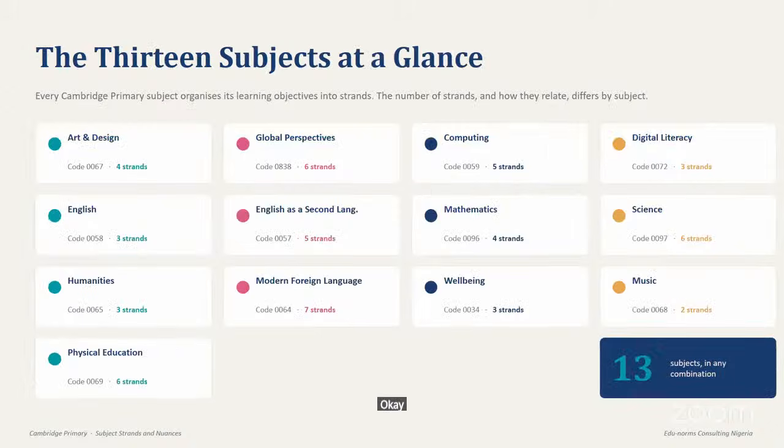Now, let's start with the subjects we have from primary to upper secondary, using Cambridge Assessment International Education as a case study for the British curriculum. I forgot to finish what I was saying the other time: the British curriculum is not just one curriculum.